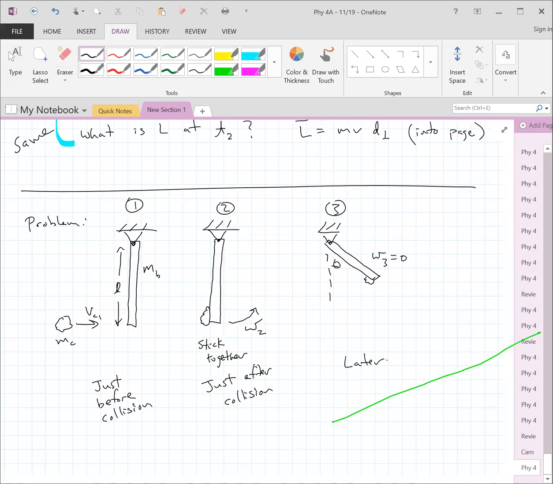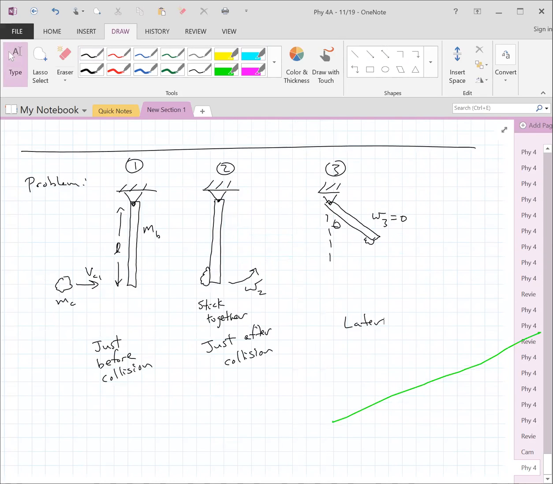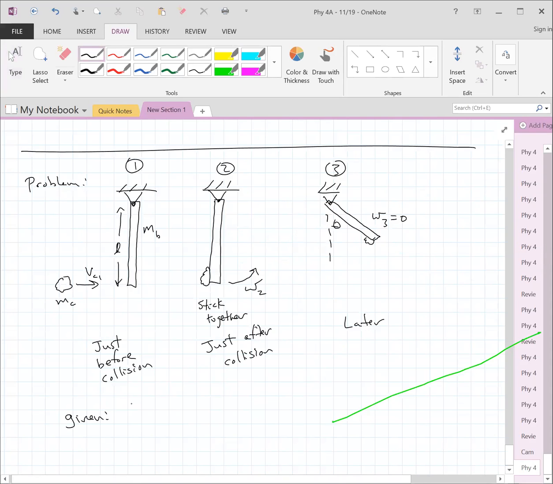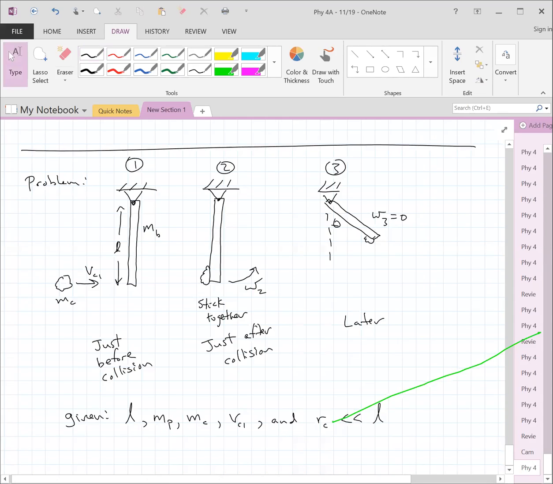Okay, so let's think about this for a second. What do we want to find here? How about find theta final given the other information? Given the length of the board, the mass of the board, the mass of the clay, the velocity of the clay, and let's have the radius of the clay be much, much smaller than the length of the board, so we can treat it like just a point object.